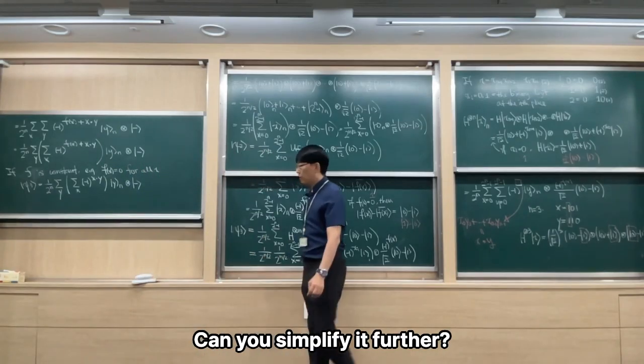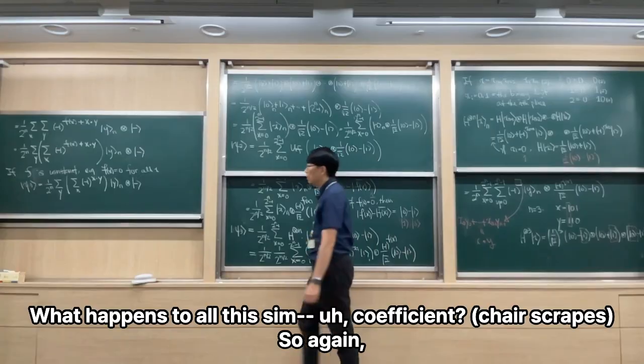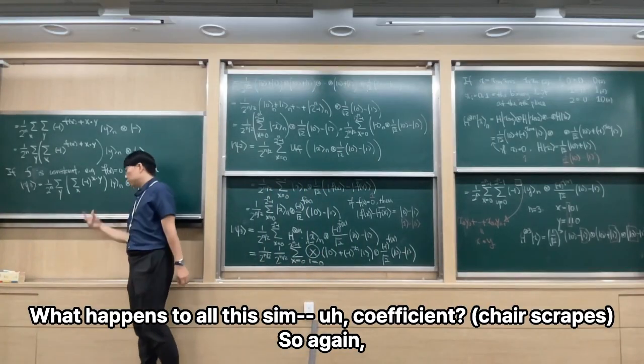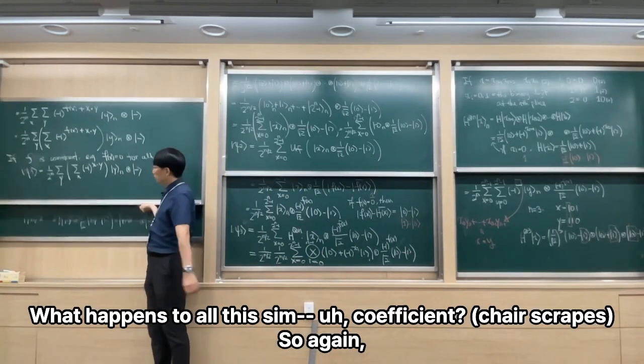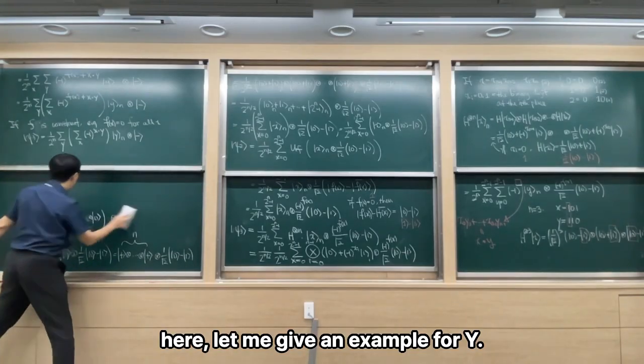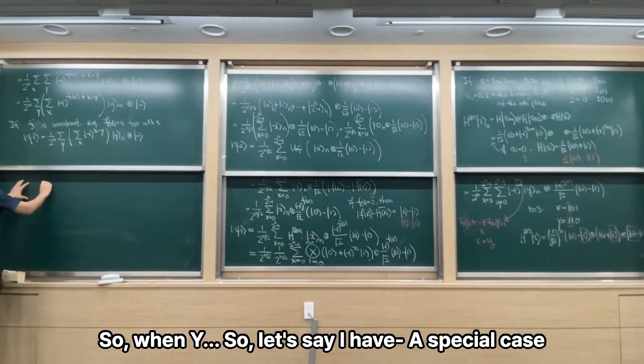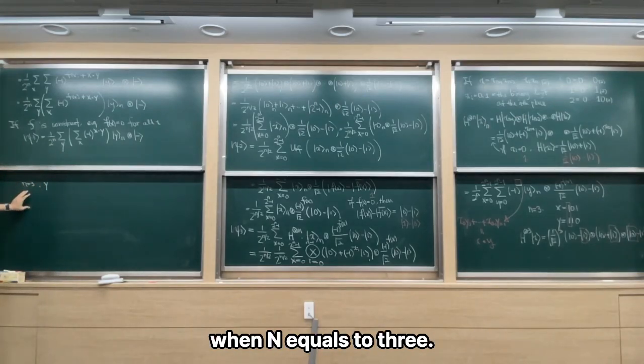Can you simplify it further? What happens to all this coefficient? So again, here, let me give an example for y. So let's say I have a special case when n equals 3.